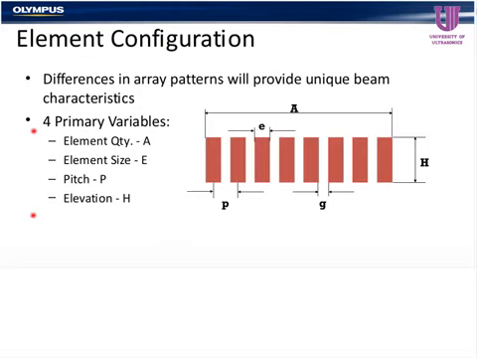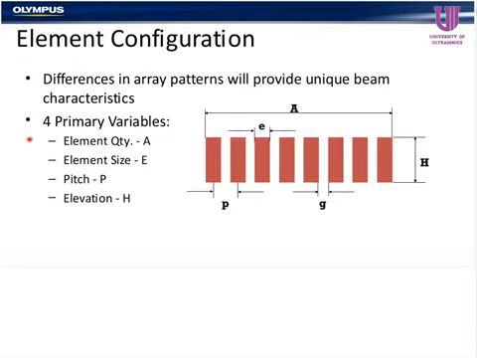So we typically look at 4 factors involved in how the transducer is put together. As you can see on the left here, we look at the actual quantity of the elements. Are we going to use 10? Are we going to use 12? Are we going to use 16? That affects the outcome of putting the beams together.